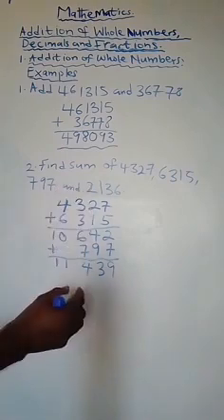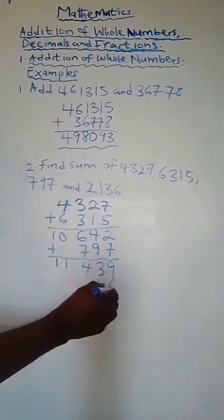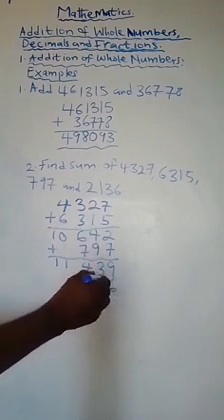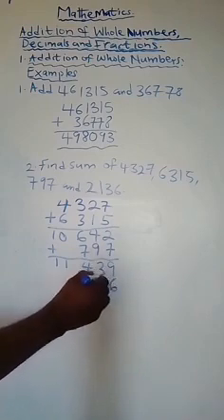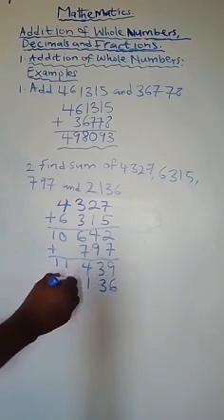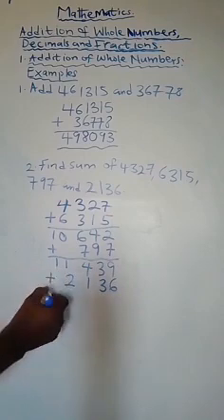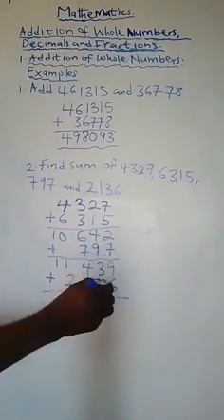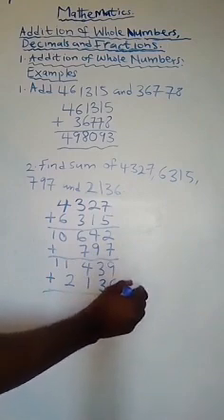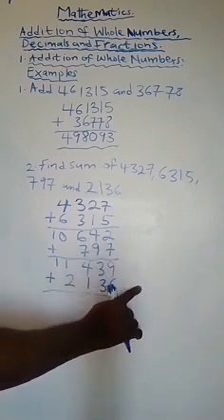Then, the last number, I'll start writing from the back. Don't forget, it is very important. I write 6, 3, 1, 2. You put your plus sign. 5 plus 6, 11. Sorry, 9 plus 6, 15. You write 5. You keep 1. 3 plus 3, 6, plus 1, 7.